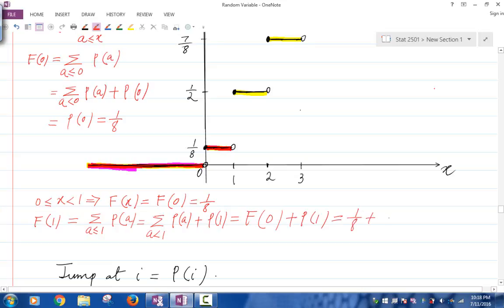The probability of getting 1 head we know is 3/8, which is going to give me a half.